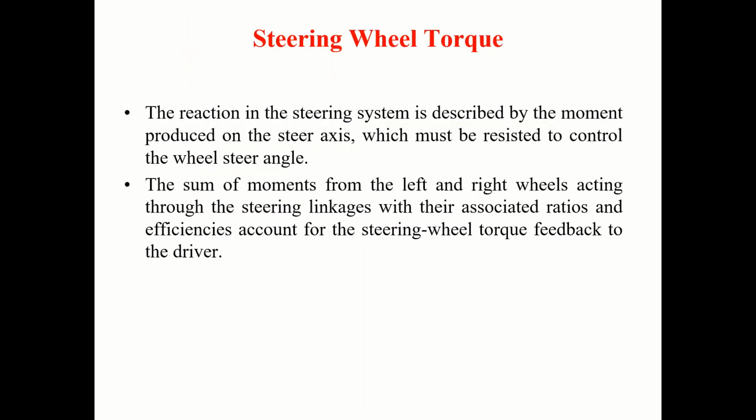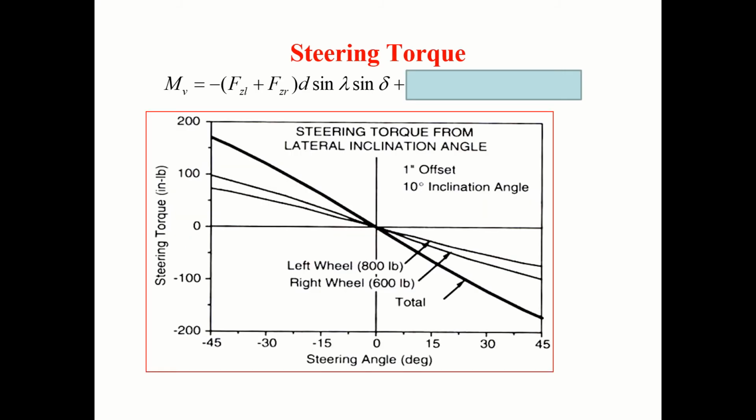Okay, once we have got these forces, now let us look at steering torque variation. The steering moment due to vertical loads, considering only steering axis inclination. Here, for the steering angle, I am going to vary the values of delta.